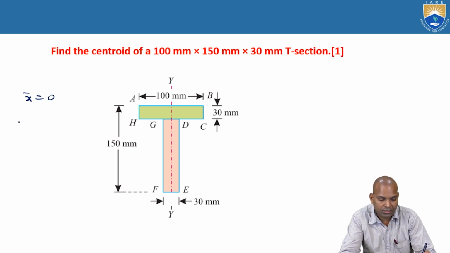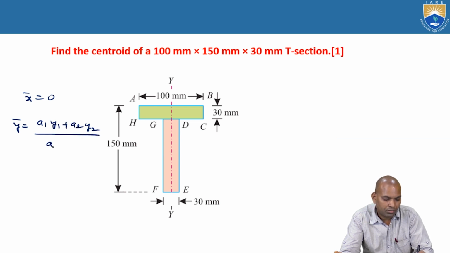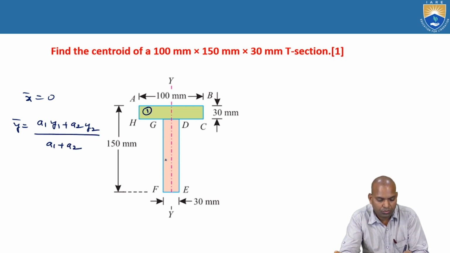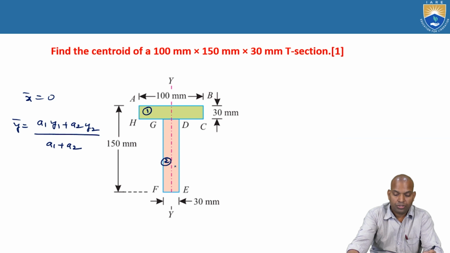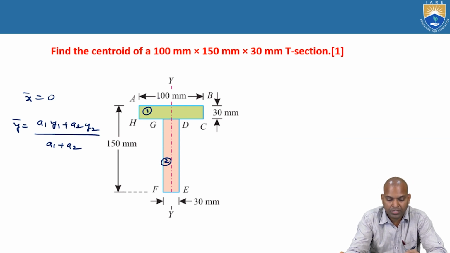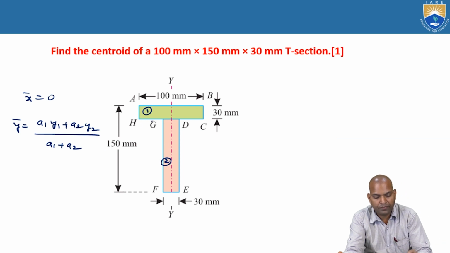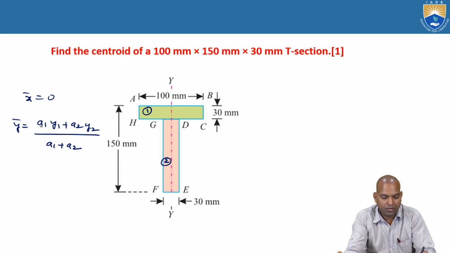What is to be calculated? It is y bar. The expression to calculate y bar is a1 y1 plus a2 y2 upon the sum of the areas, area 1 and 2. That is section 1 and section 2. Section 1 is a rectangular section, 100 times 30 millimeters. For section 2, the area is 150 minus 30, that is 120 times 30. Substitute these as a1 and a2.